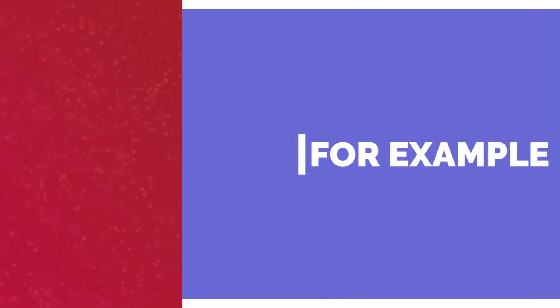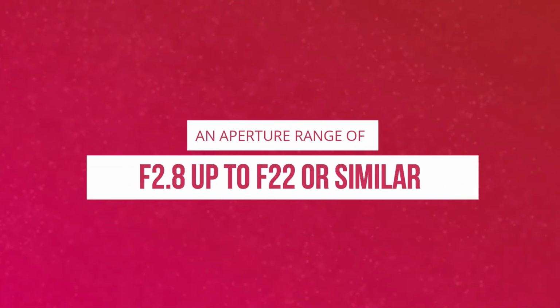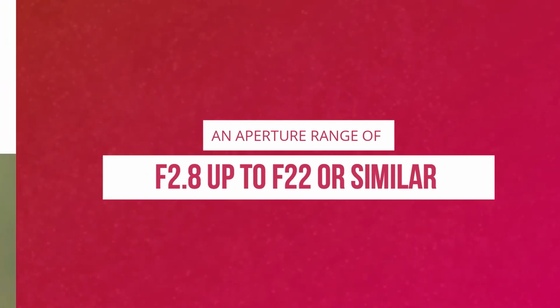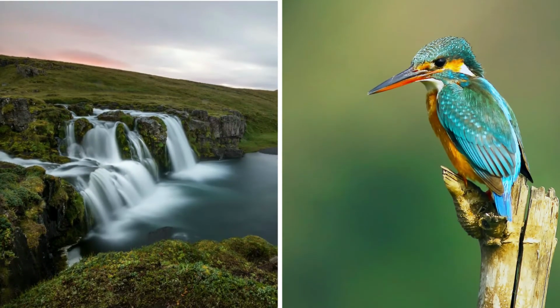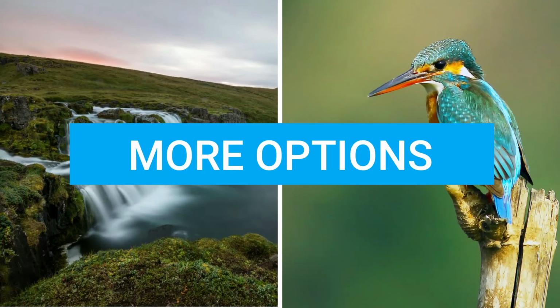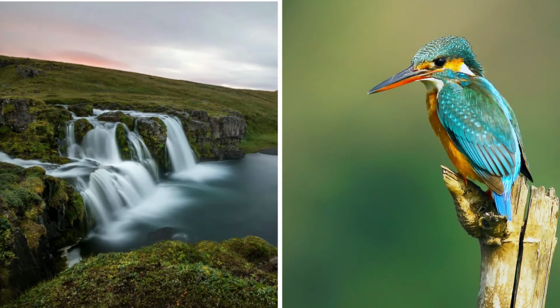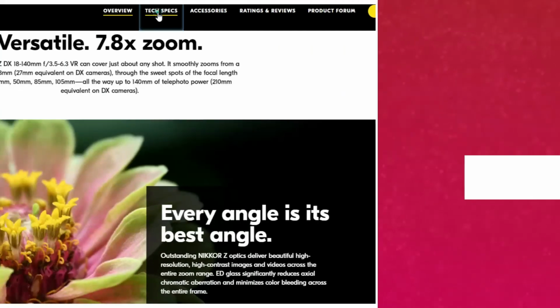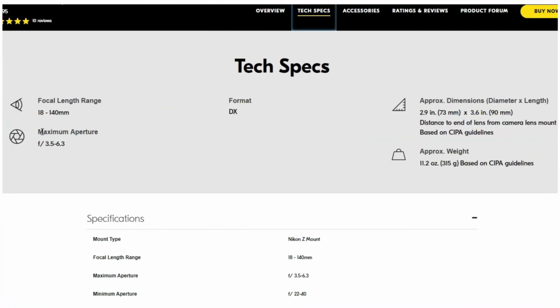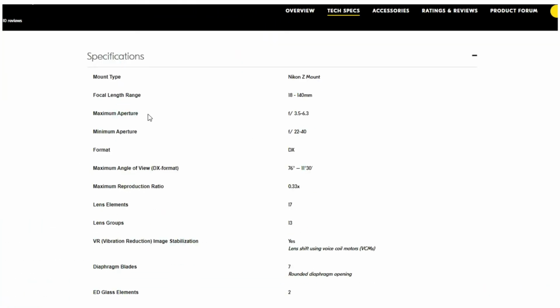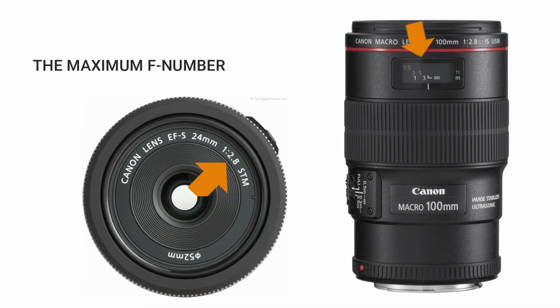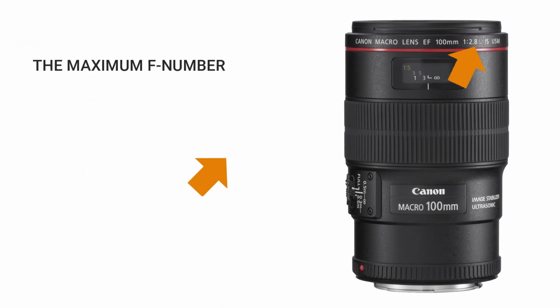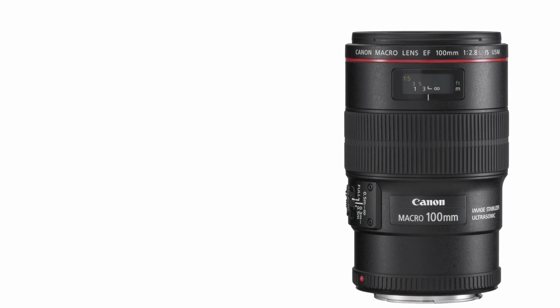If a lens offers a long range of aperture, then you can consider the lens a good lens, as it provides a significant range of altering the depth of field for different photography scenarios. However, to know about the entire f-range of a lens, you need to check the specification chart of a lens, because the lens comes with only the maximum f-number or numbers printed on it. Using these f-numbers, you can get an idea about the nature of the lens.